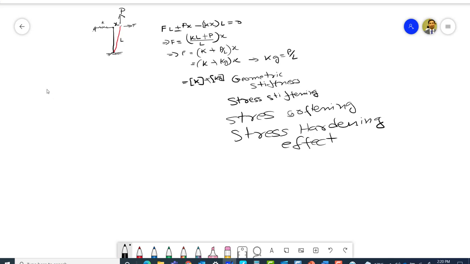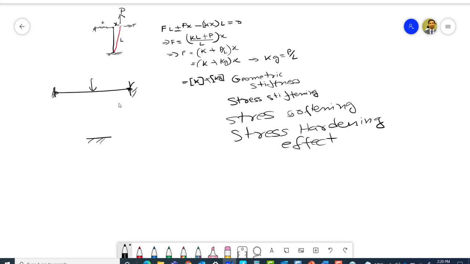Now, this has got a very significant physical interpretation. For example, this is a tight, stretched string. If you are providing some initial tension of significant magnitude, then you could notice that you can also stand on its top. It can carry a significant amount of load because we are stress hardening in this element.